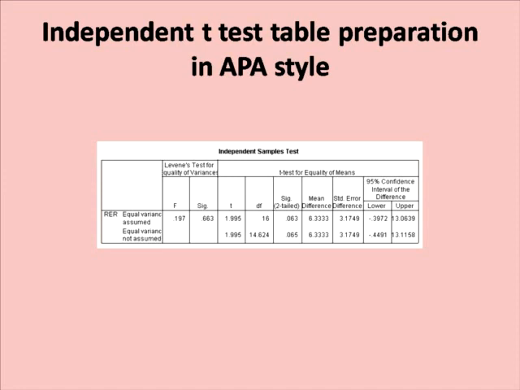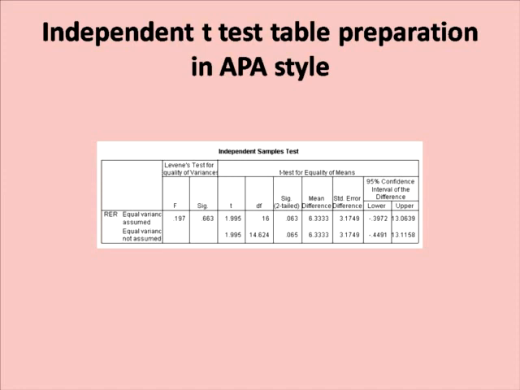We take the CI, confidence interval, from the first row, significance two-tailed from the first row, DF from the first row, and T from the first row. Now our significance is not lesser than 0.05, it is greater than 0.05, so I will take the T value of 1.95, and DF also from the second row, and significance also from the second row.